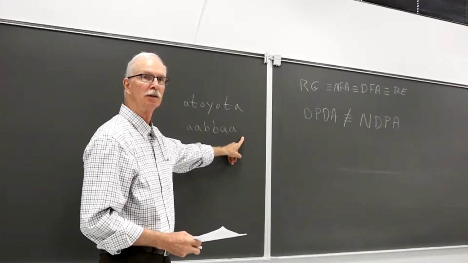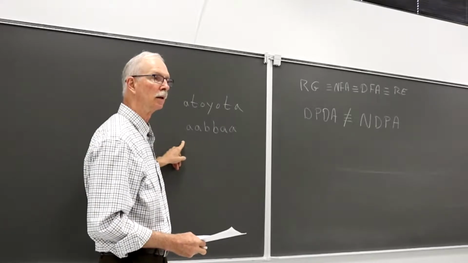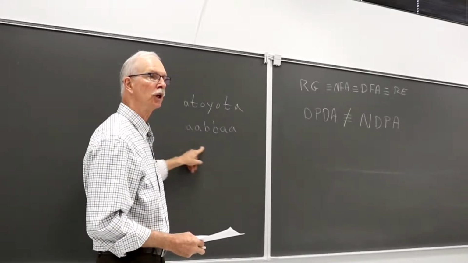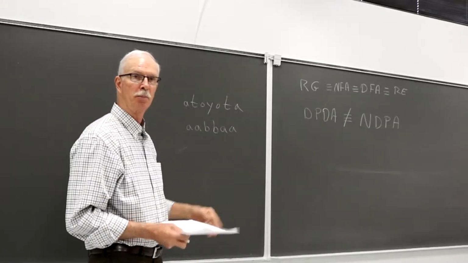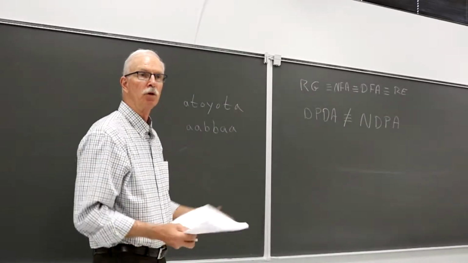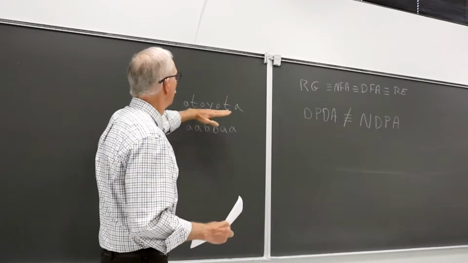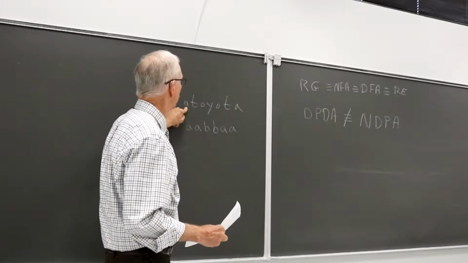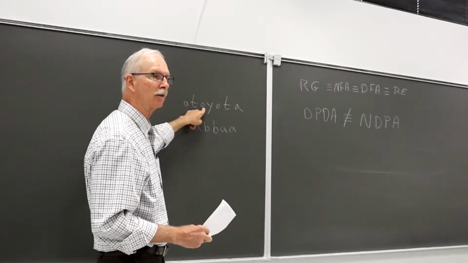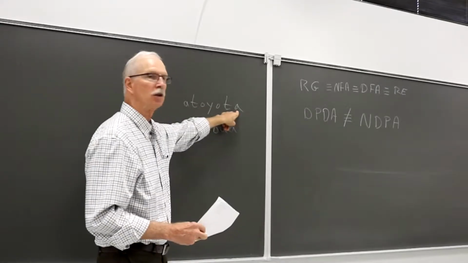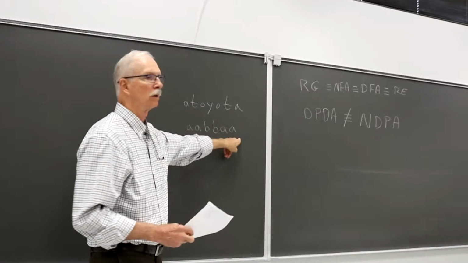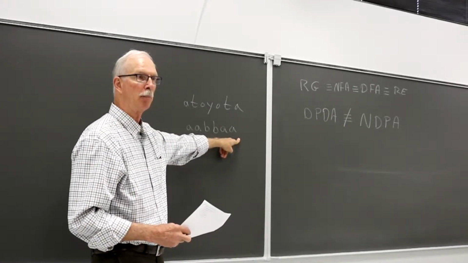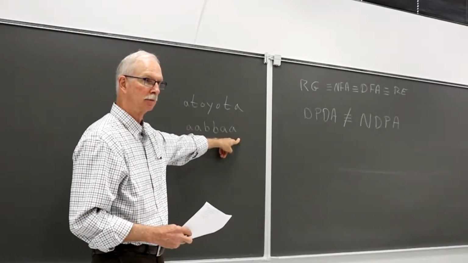I didn't recognize it. I don't know when to stop pushing and start popping to match the palindromes. You with me on what I'm saying? We recognize a palindrome by pushing onto a stack the front part and matching it to the back part by popping the stack. Here, I don't know where to stop pushing and start popping.